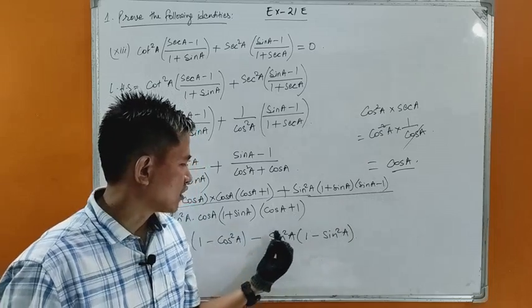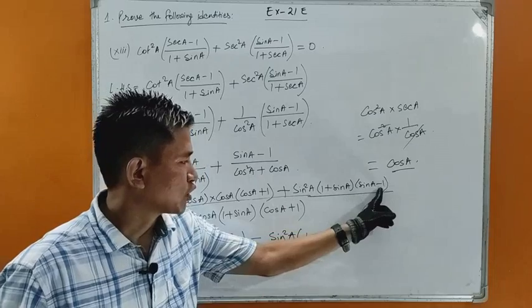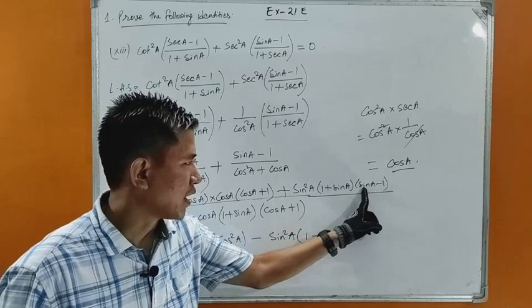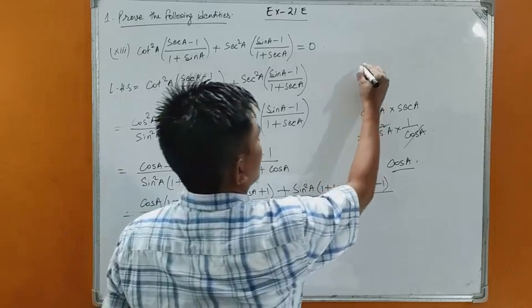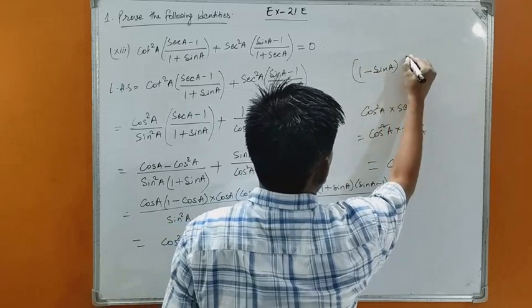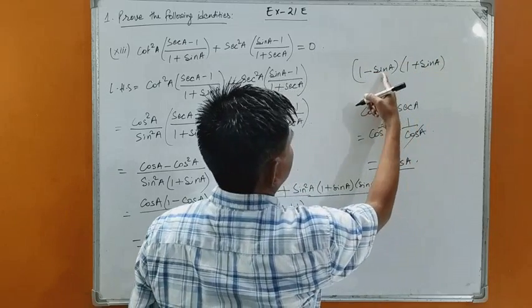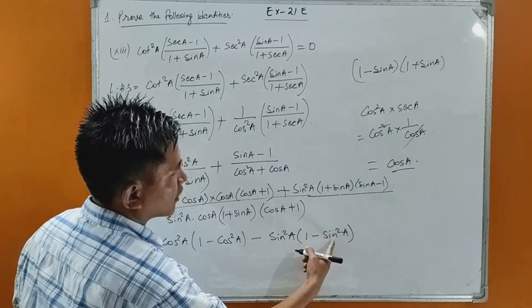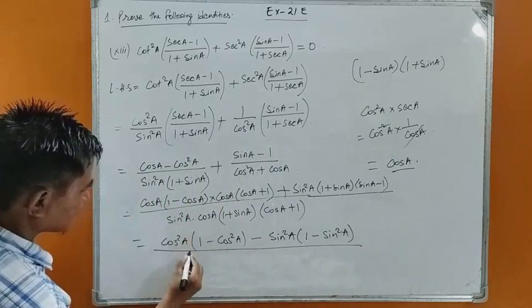After taking the minus sign common, minus into plus is minus. This minus 1 becomes plus 1, and this plus sin a becomes minus sin a. So 1 minus sin a, 1 plus sin a, means a minus b, a plus b, a square minus b square, okay.